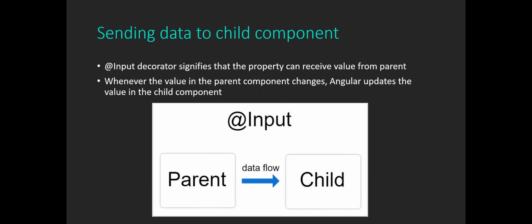And so whenever the parent component has a change in value that it is passing to the child component, you're going to see that child reflect those changes. And Angular does a pretty good job of updating that. I don't want to go far off, but there are life cycles to these Angular components, and one of those life cycles is where it triggers that change. But that would be on another topic.